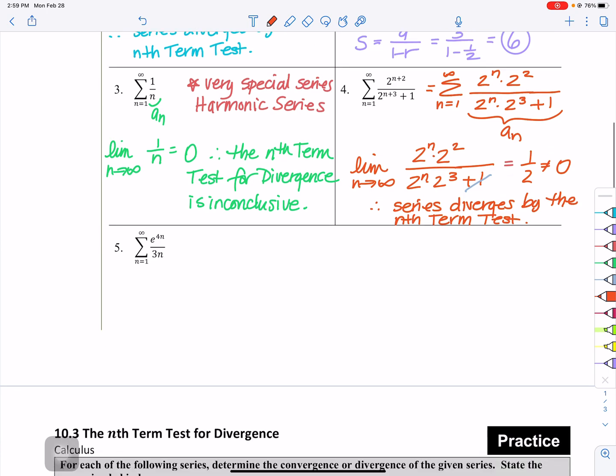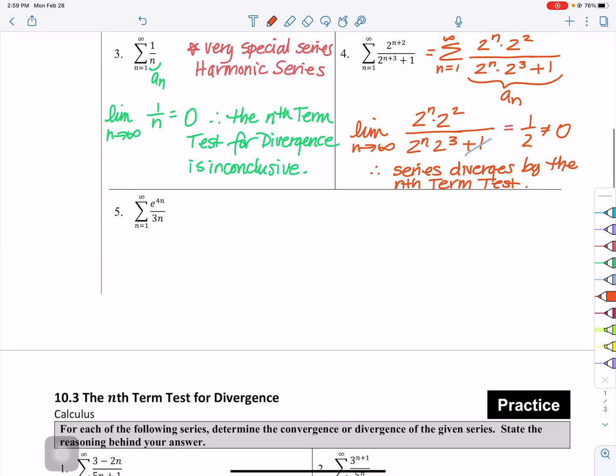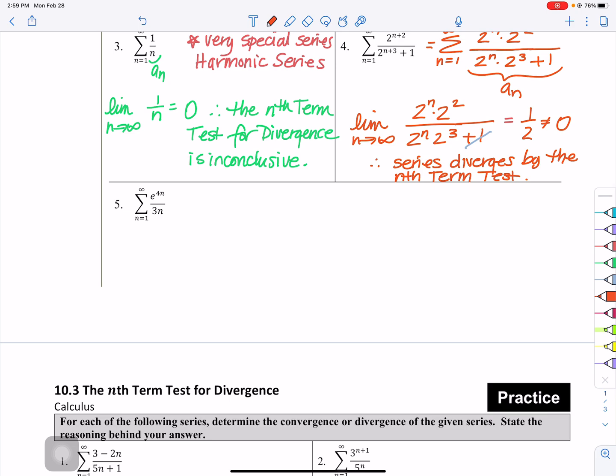Okay. One more problem. Look at this series. We're going to go ahead and apply our divergence test. This is a sub n, and we're going to take the limit as n approaches infinity of e to the 4n divided by 3n.